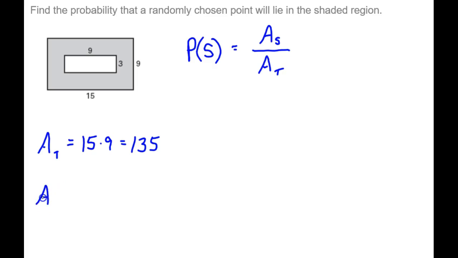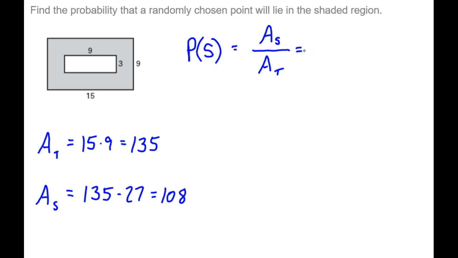Now if we want to find the area of the shaded region, it is going to be equal to the area of the total minus the area of the inside. We just found the total area is 135. So we take 135 minus the area of the inside, which we find by taking 3 times 9, which is 27. 135 minus 27 leaves us with 108 square units.